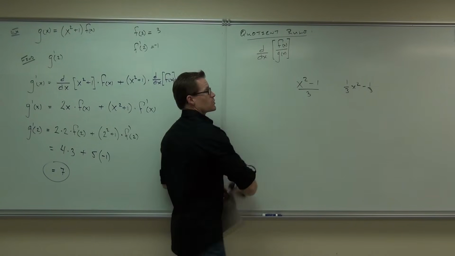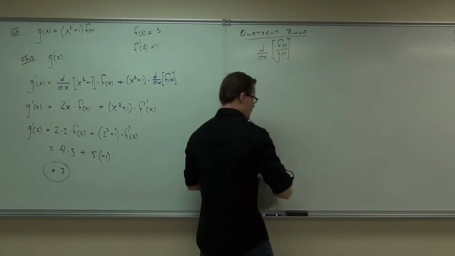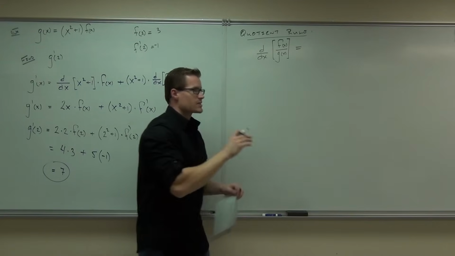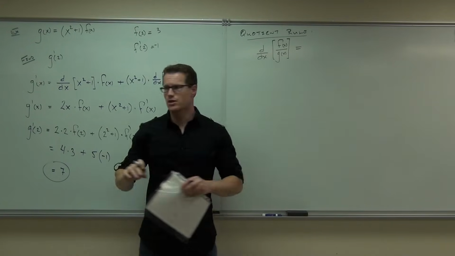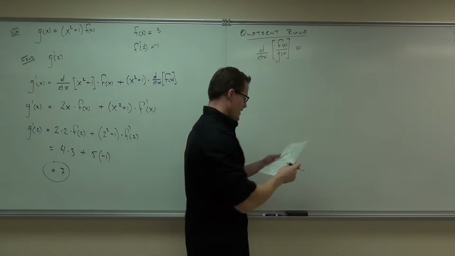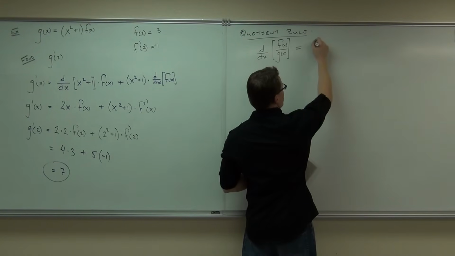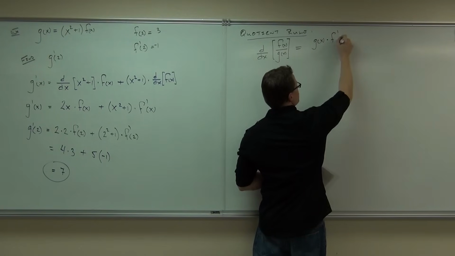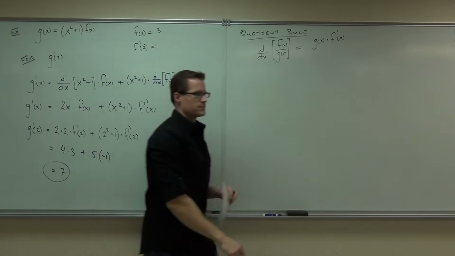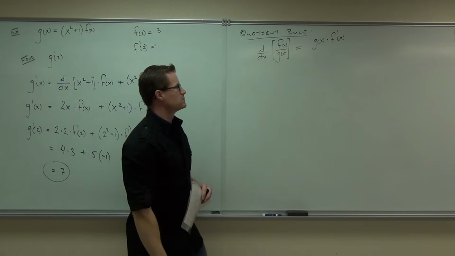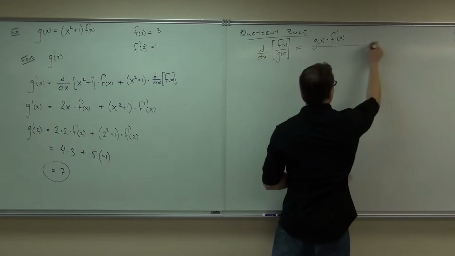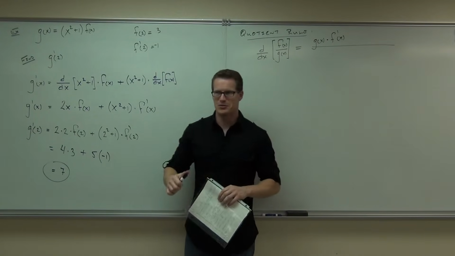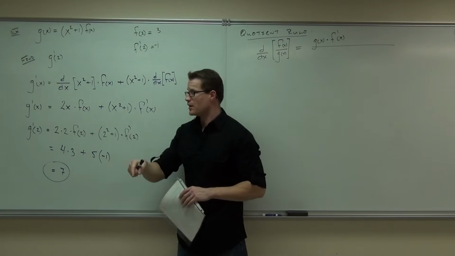So I'll show you what the quotient rule says. Quotient rule says, okay, in order to take the derivative of a quotient, we're going to take some derivatives of each piece, but we're going to put them together in a unique way, just like we do with the product rule. It says you're going to take the bottom function times the derivative of the top function. I'm going to use some logic that's not quite mathematical, but it's going to make you remember something.